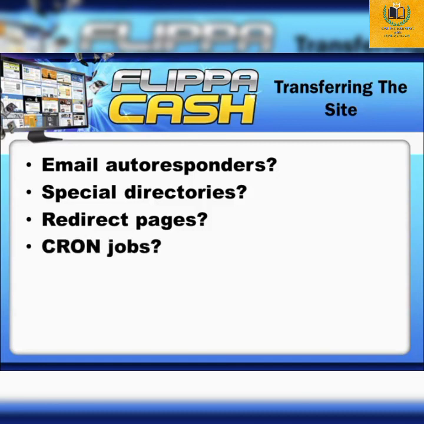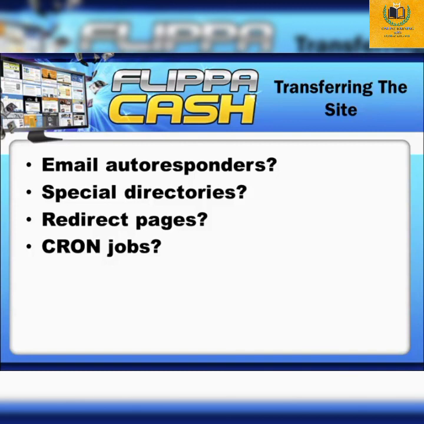Also, do you have any cron jobs that are required to automate some processes? Now, a cron job is something that goes into your cPanel, and it's a special command that you specify how often you want it run, and then it'll run them. Maybe it's to do a database compact, or to send out emails, or check users, whatever. There's all kinds of things that cron jobs do, backup things.